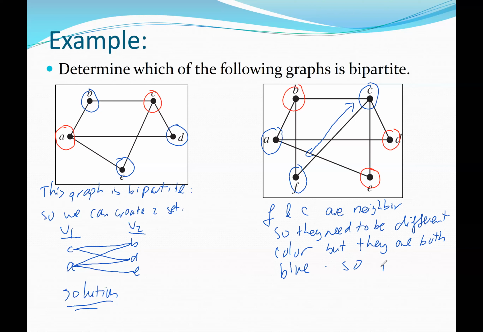So the graph is not bipartite, by the coloring theorem. Okay, so that's the idea. Very straightforward.